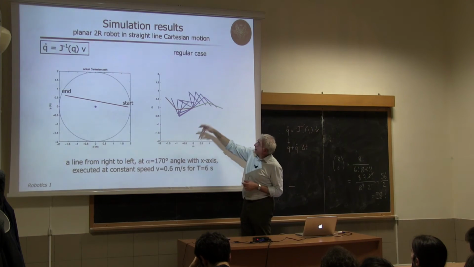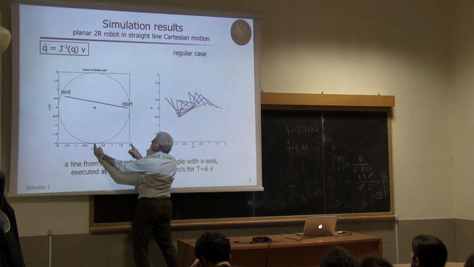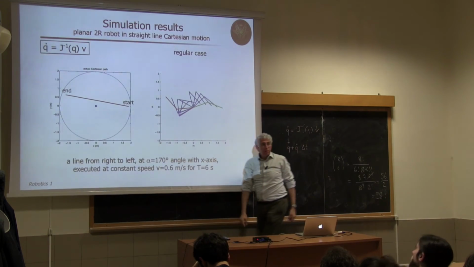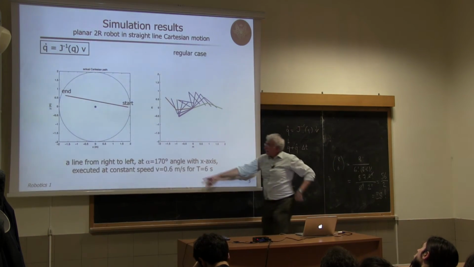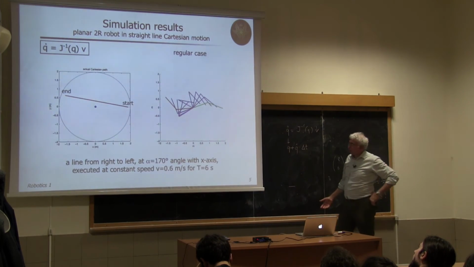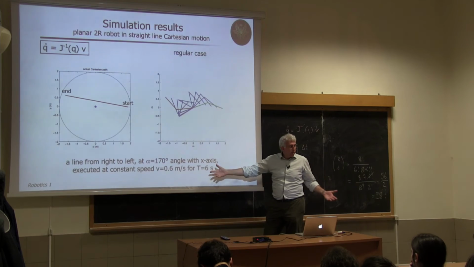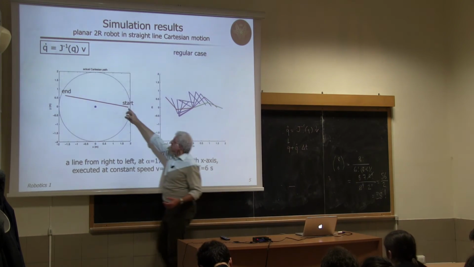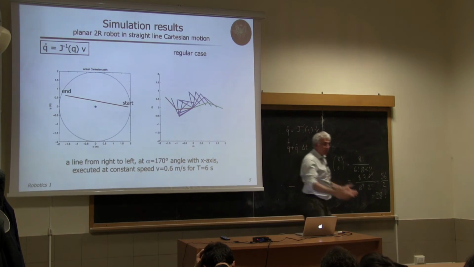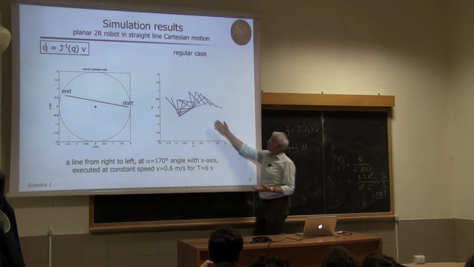These are unit length, because here I can see this dimension is 2, so this is the robot arm when it's straight reaches 2 meters of radius, and I'm assigning a constant speed of 0.6 meter per second for a total time of 6 seconds. So I'm traveling in the Cartesian space for 3.6 meters. So I'm going from here toward close to the end. 4 meters would be the full diameter of the range of the workspace. Okay? So, and this is the first result.